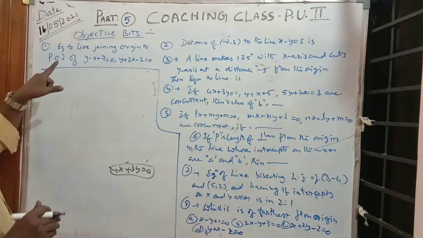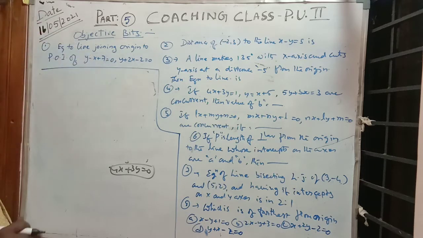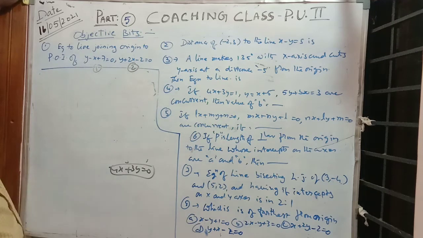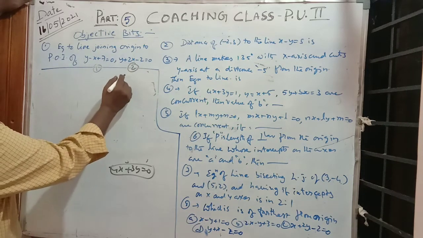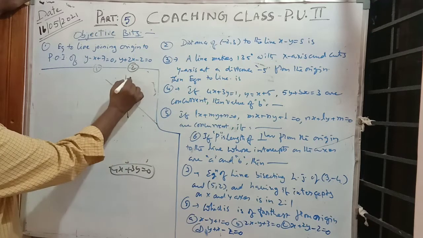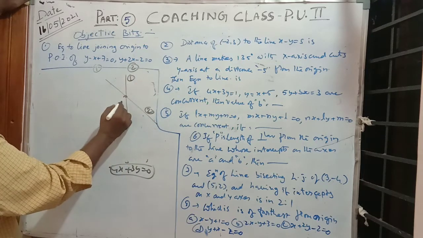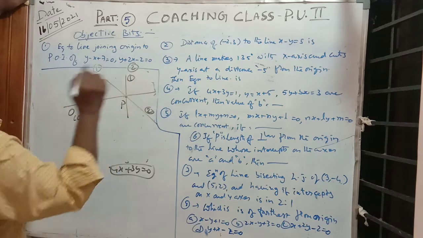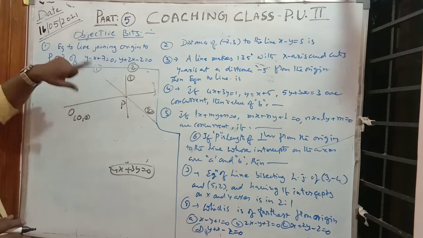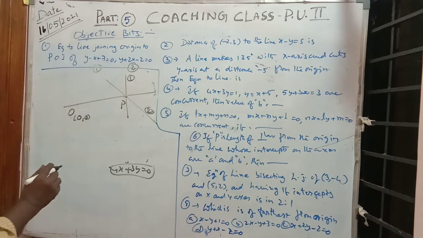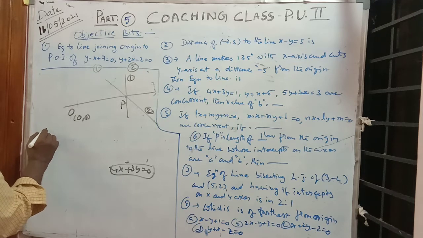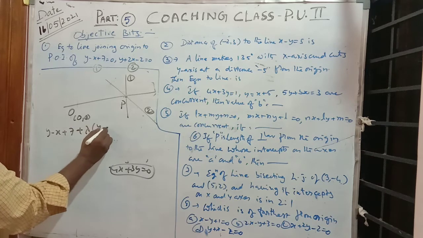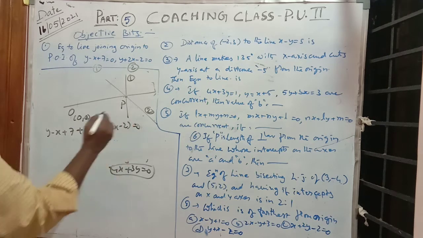The point of intersection of these two lines, this is 1 and this is 2. Any line that passes through the point of intersection of these two lines, directly we say it is y minus x plus 7 plus lambda of y plus 2x minus 2 is equal to 0.